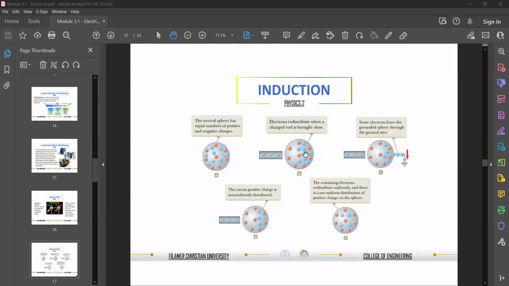Okay? So when a negatively charged rod is brought near the sphere, the electrons in the region nearest the rod experience a repulsive force and migrate to the opposite side. So ito siya, parang nagpapalayo siya. So this migration leaves the side of the sphere near the rod with an effective positive charge because of the diminished number of electrons, as seen in this figure.